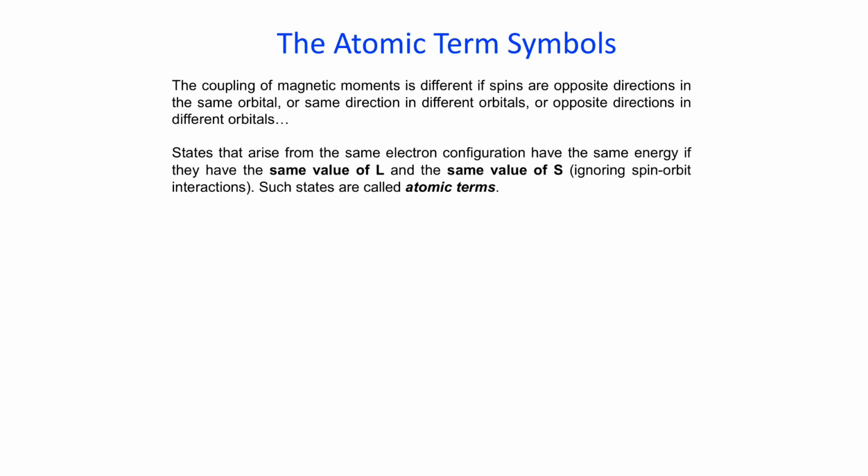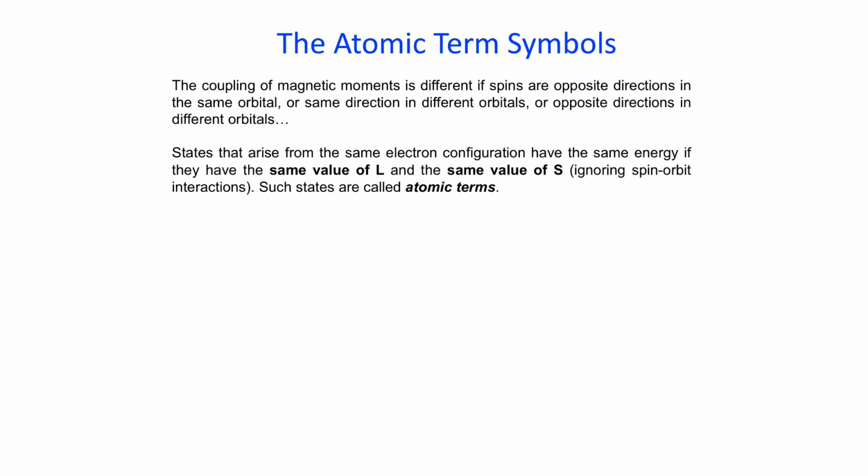If states that arise from the same electron configuration have the same value of big L and the same value of big S, then we can say that they have the same energy and are going to belong to the same atomic term. So this is essentially the way that we can start grouping our different microstates by energy.